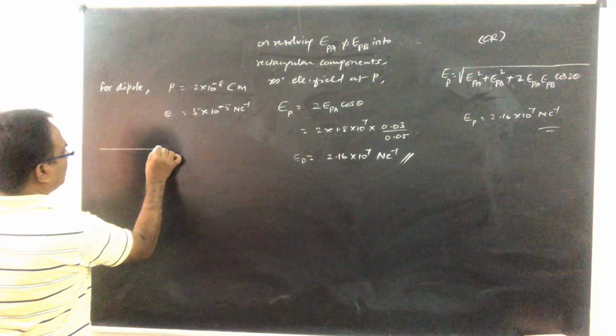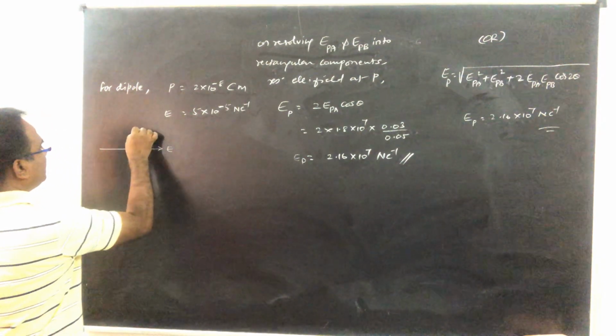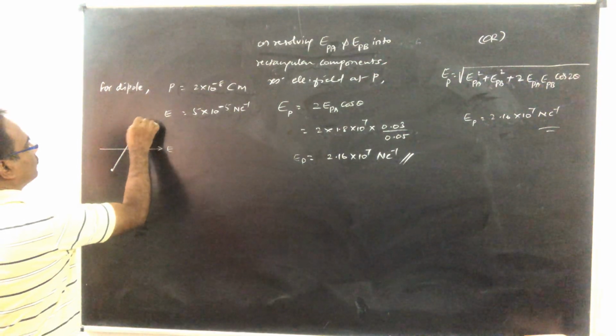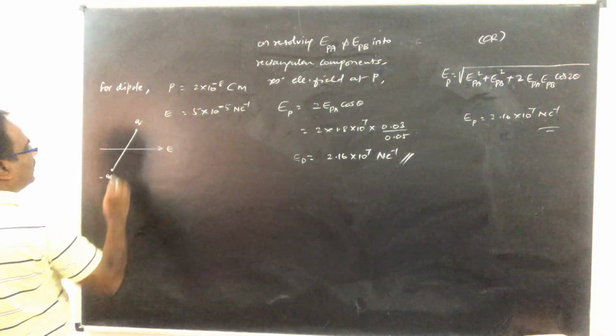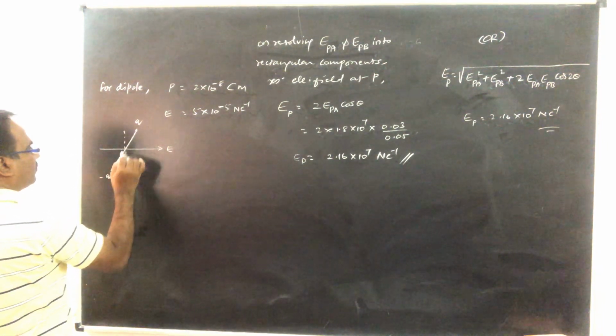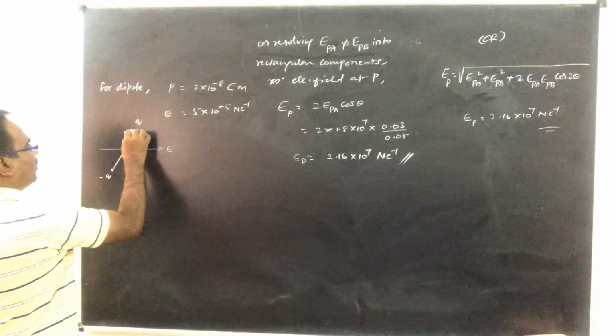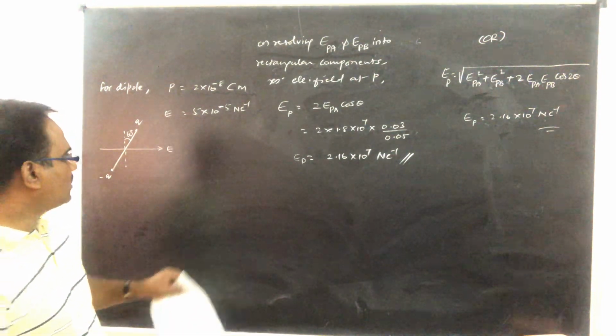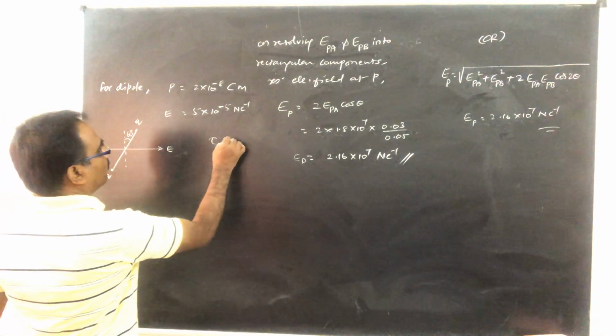So here this is the electric field and this is the dipole. And here this angle is given as 60 degrees. Now the question is, what is the torque acting on the dipole?